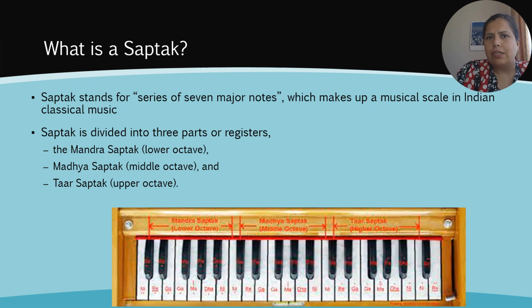So you could consider it to be sa, re, ga, ma, pa, dha, ni in one saptak, or if you want to see it in a Western scenario, it will be C, C sharp, D, D sharp, E, F, F sharp, G, G sharp, A sharp, and B. So the continuation of this repetition of the pattern is considered a saptak.